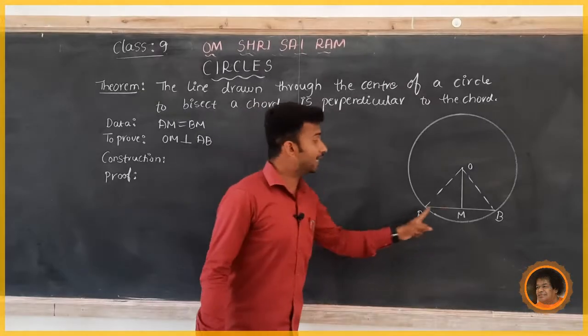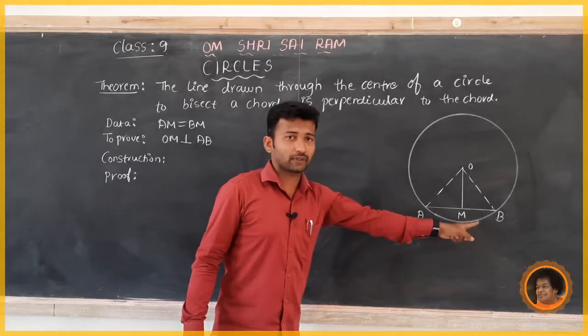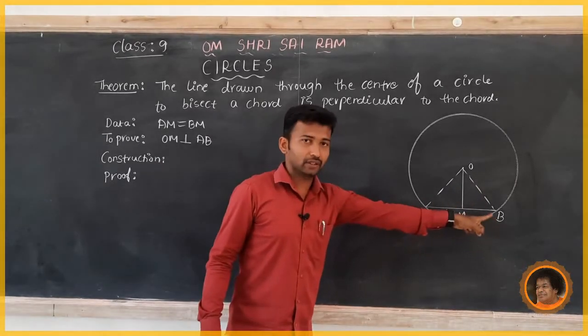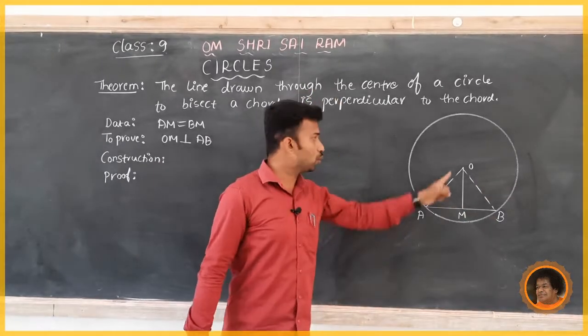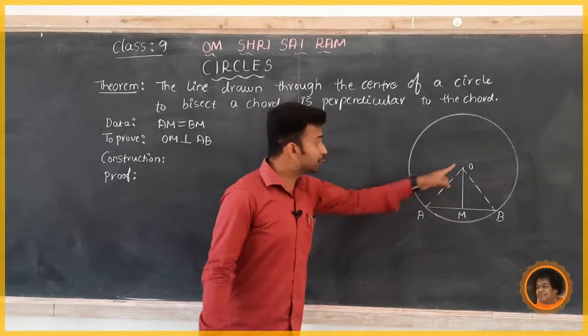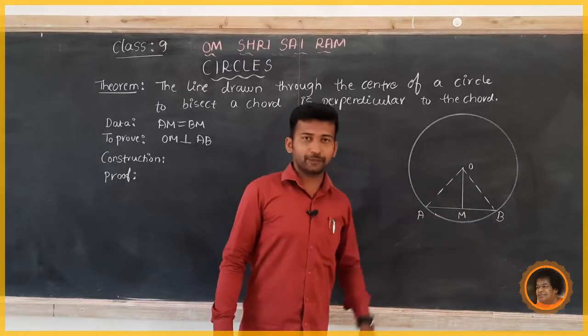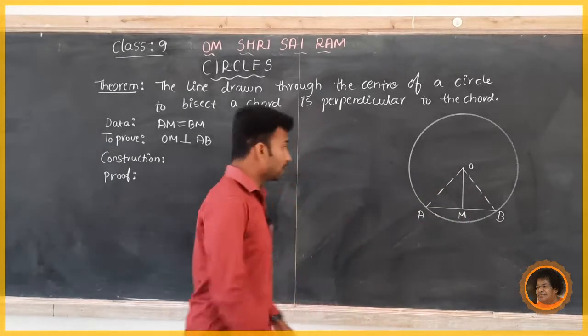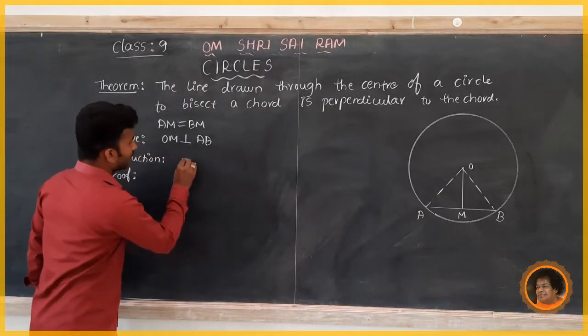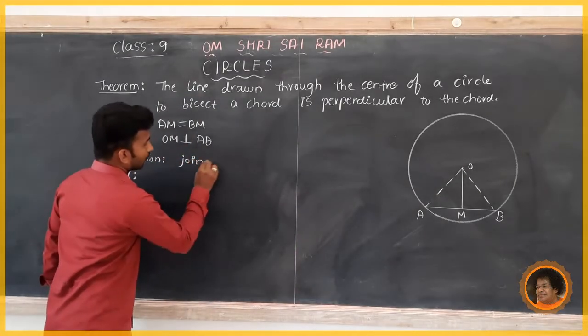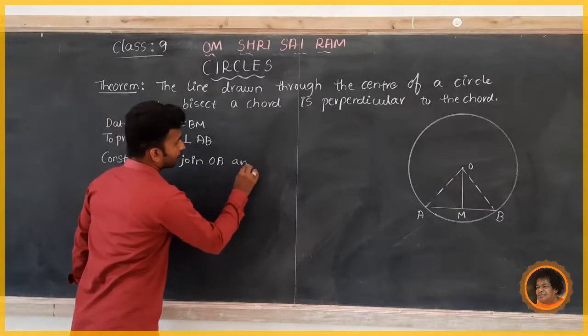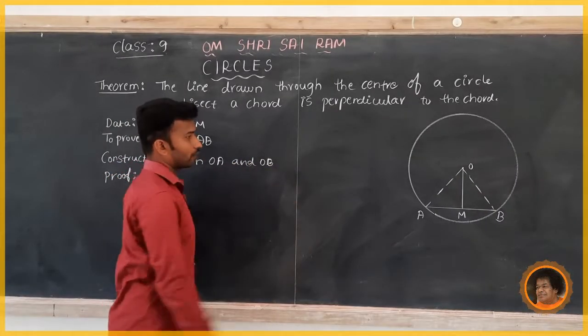Join the end points of the chord A and B to the center O. That is, join OA and OB.